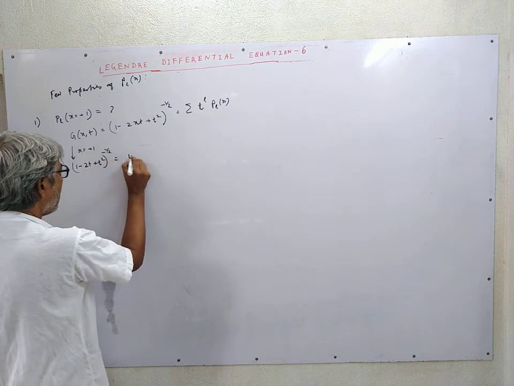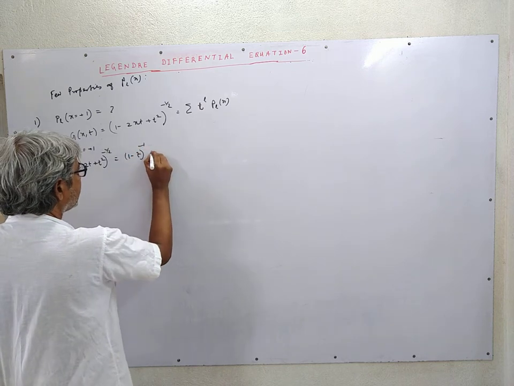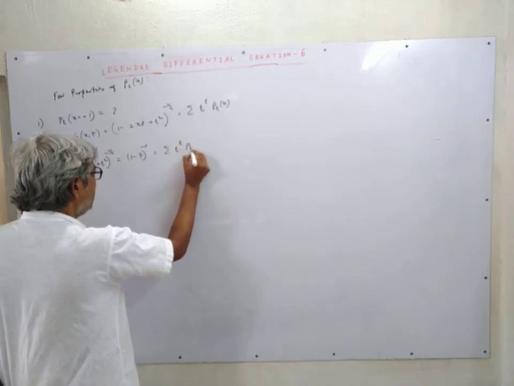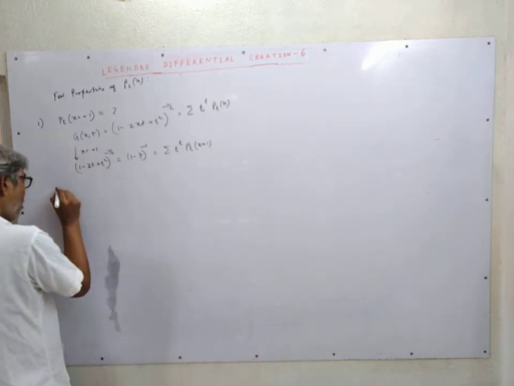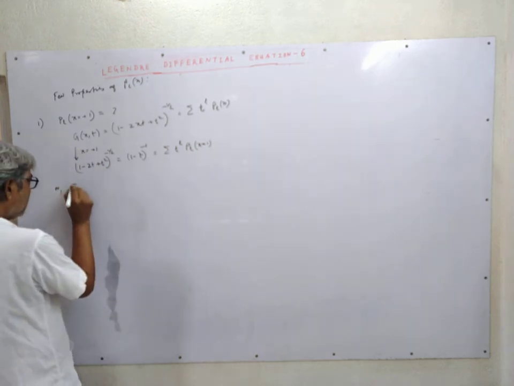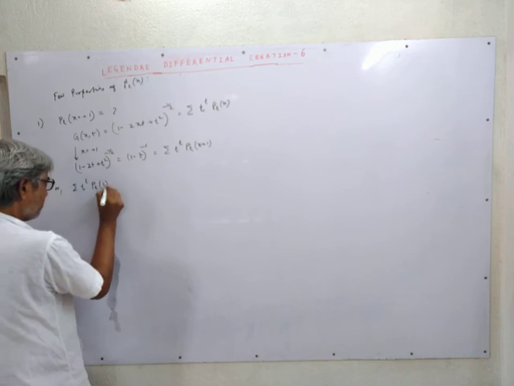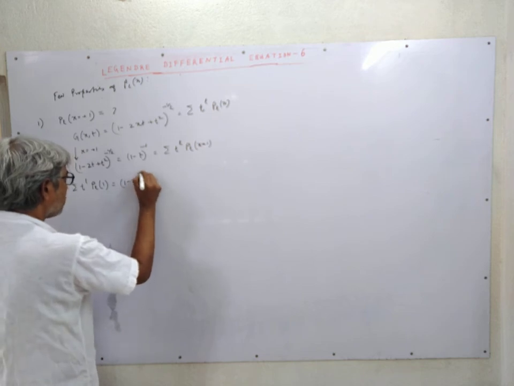This is equal to (1 - t) to the power minus 1, and on the right hand side we have t to the power L P_L at x equal to 1, or P_L at 1 is equal to (1 - t) to the power minus 1.